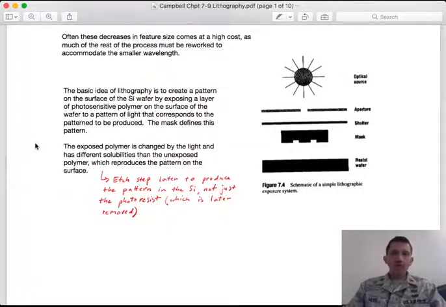So the light is coming in and changing that photoresist chemical in some way, and the reaction that's happening is wavelength dependent also. So you may gain a smaller feature size with a smaller wavelength, but you might have to redesign your entire process, which is expensive.